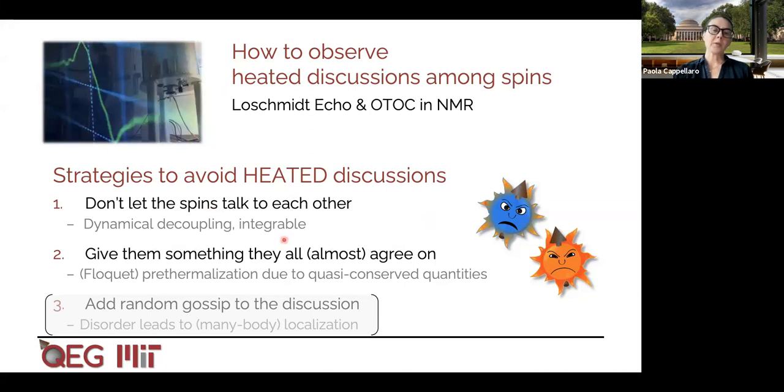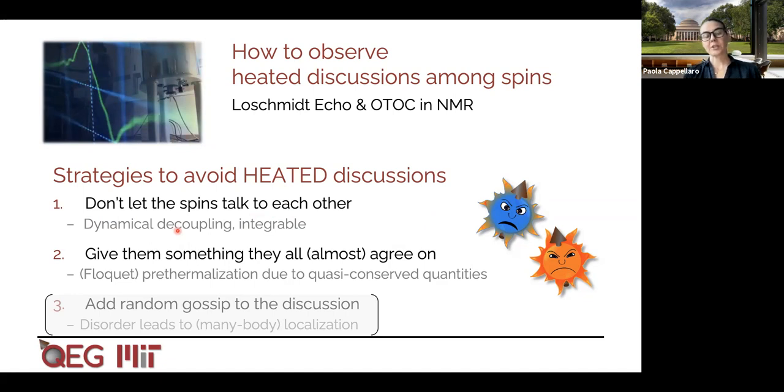And so what we can do is to either look at integrable systems where we have no interaction, so the spins naturally, because of their natural interaction, will not interact with each other. Or we can, if we can, use control to decouple the spins to cancel out this interaction by using dynamical decoupling, but now for many body systems.